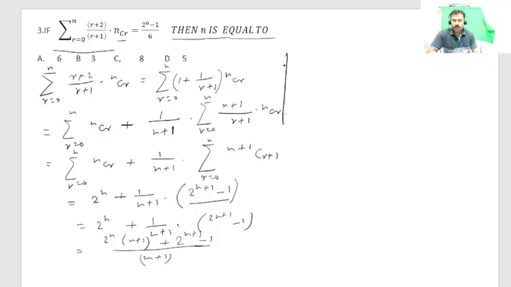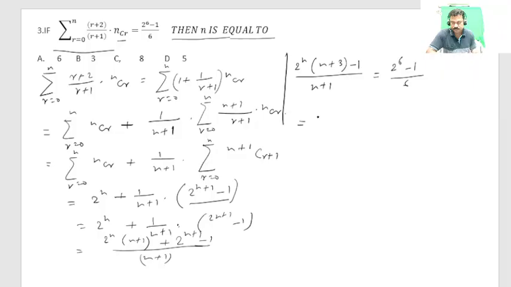Okay, so we take common 2 to the power n here, so n plus 3 minus 1 divided by n plus 1 here. Okay, this is equals to 2 to the power 6 minus 1 divided by 6.